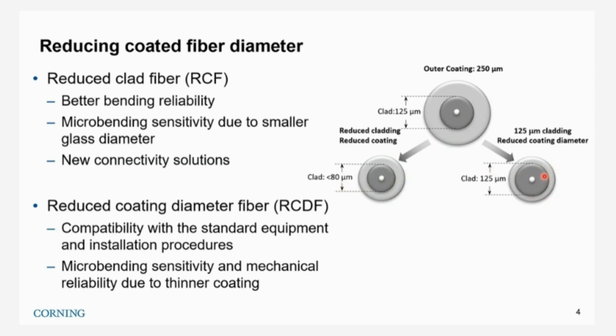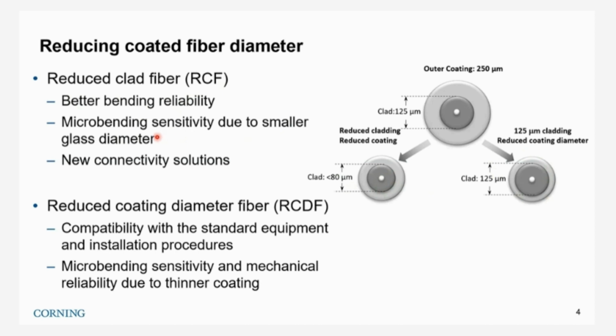The other approach is keep the cladding diameter to the standard size 125 micron, only reduce the coating diameter. So for the reduced clad diameter fiber, or RCF, one advantage is it has better bending reliability because the glass is thinner.